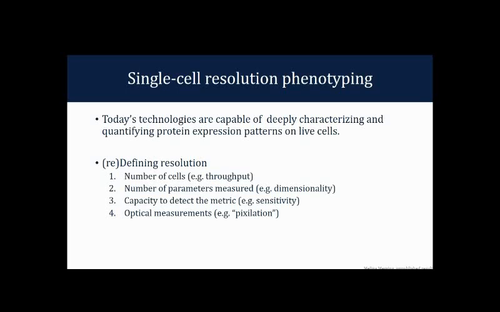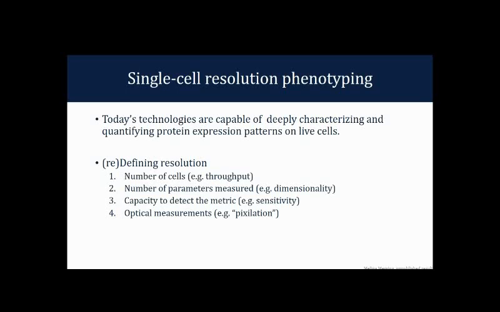We've reached a stage now where we're really able to dig into cell-cell interactions, really unique, rare populations within blood, etc. When we start approaching these kinds of questions, it's good to redefine resolution and what that means in the context of resolving cell attributes or phenotypes. So I've put 4 here. I think that these cover most of the bases. Maybe somebody will have another one that they can bring up down the line.